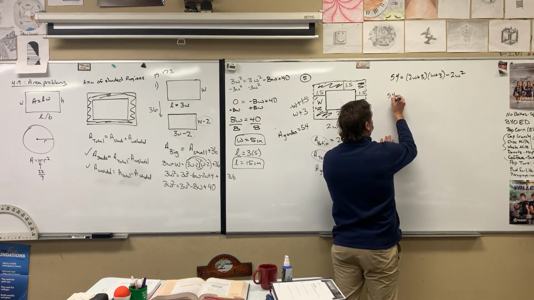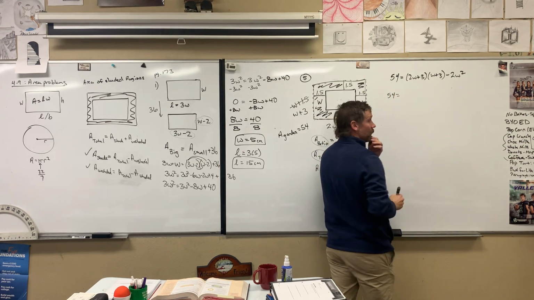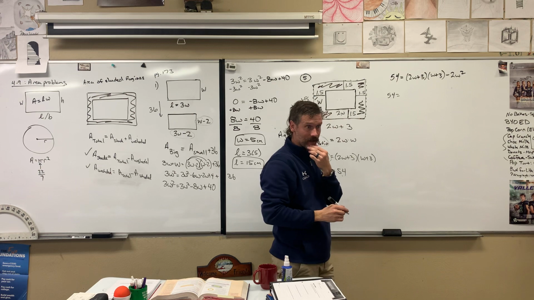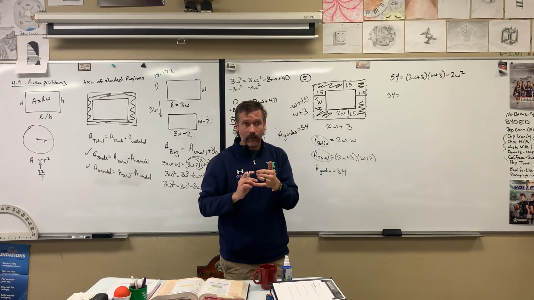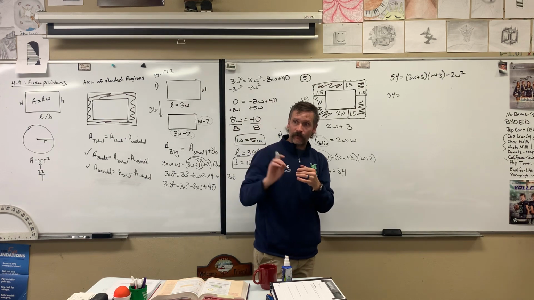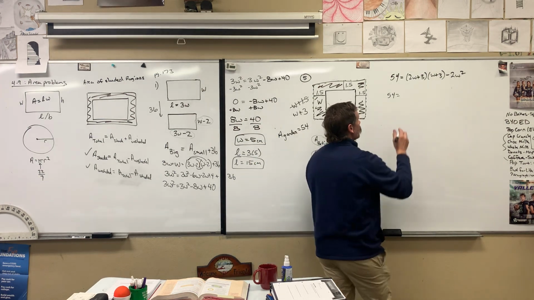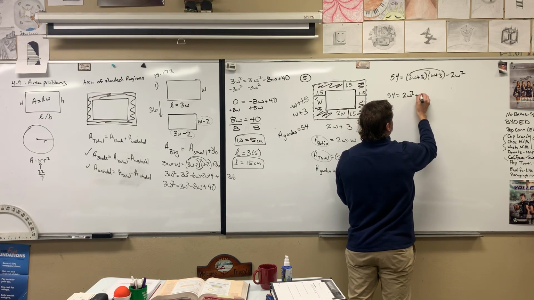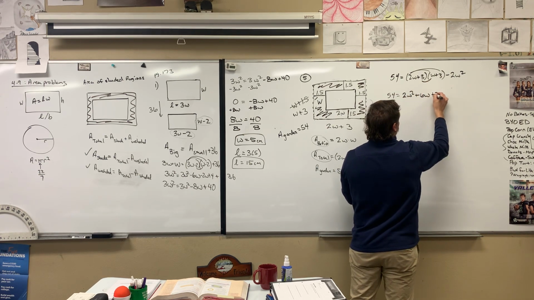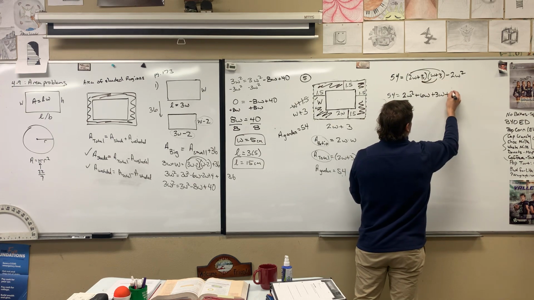So 54 equals, and we FOIL that out, right? Foiling, just like Caleb reminded us, is just a glorified form of distribution. So we take our 2w and distribute it in. So you get 2w squared plus 6w plus 3w plus 9.